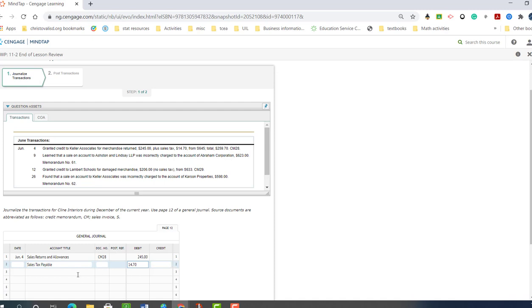And that gives us the total amount that goes to your accounts receivable / Keller Associates of the grand total of $259.70.